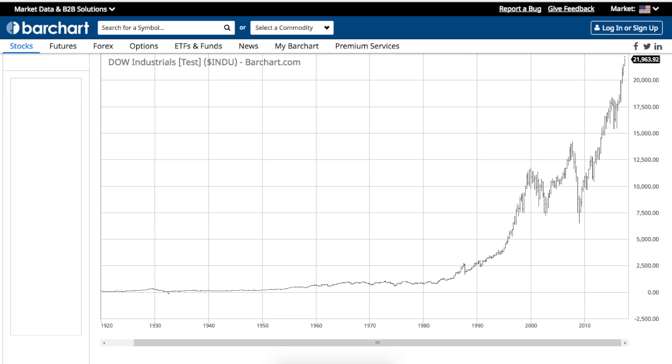The Dow Jones Industrial Average, and since Greenspan came on, Mr. Bubble, and his successors, Bernanke and Yellen, the chart looks massively like a blow-off top. And I'm not saying it isn't a blow-off top, but I want to show you now the logarithmic chart of the Dow going back to 1920.